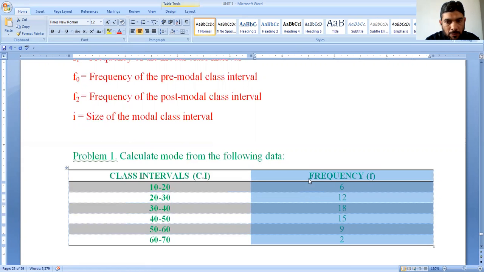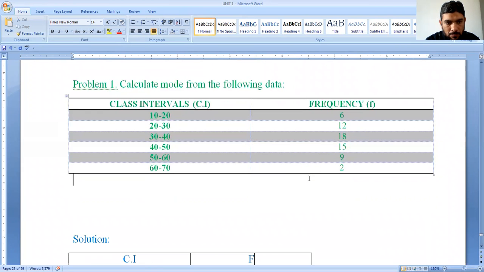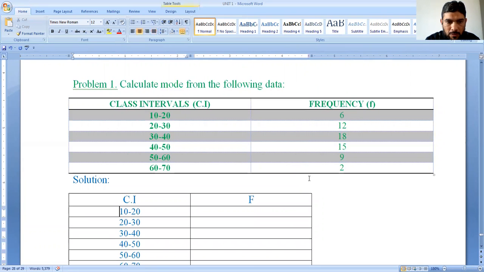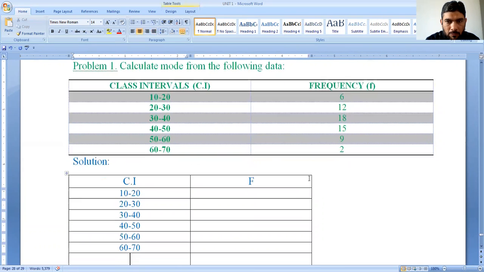So we have to draw a table based on this question with class intervals and frequencies, and I have put the respective frequencies over here.